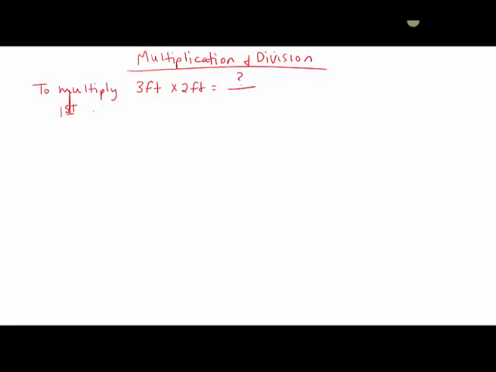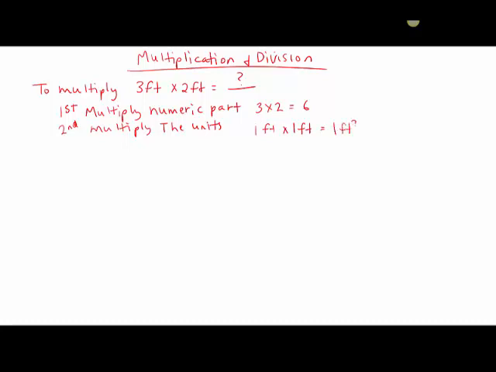First, you multiply the numeric part: 3 times 2 equals 6. Then second, multiply the units. When you multiply units, it's going to be 1 foot times 1 foot. When you multiply, you square that. So it's going to be 1 foot squared or 1 square foot. Either way is correct.